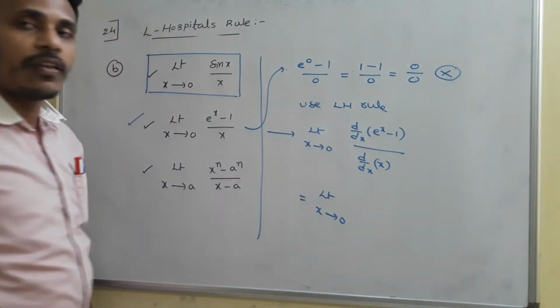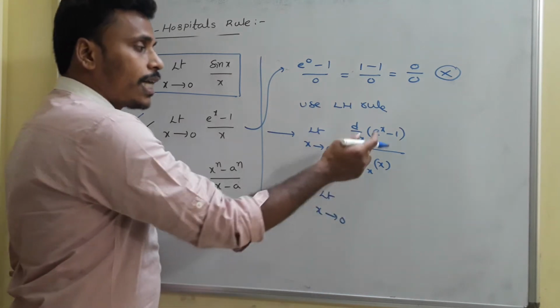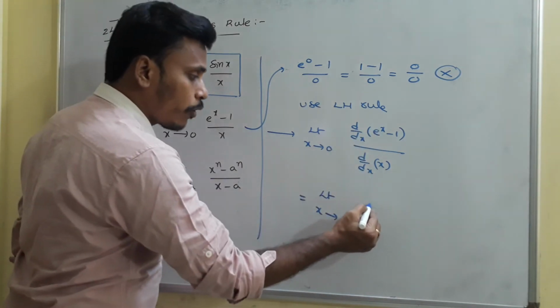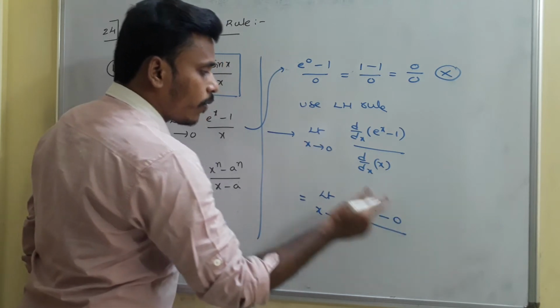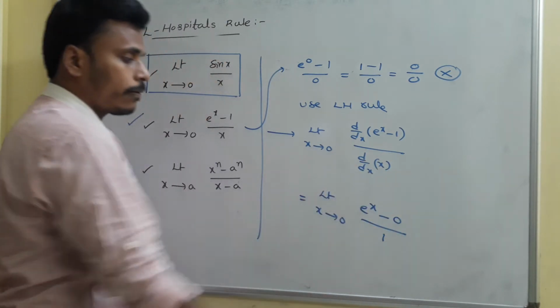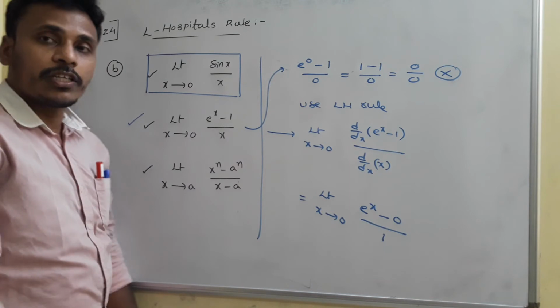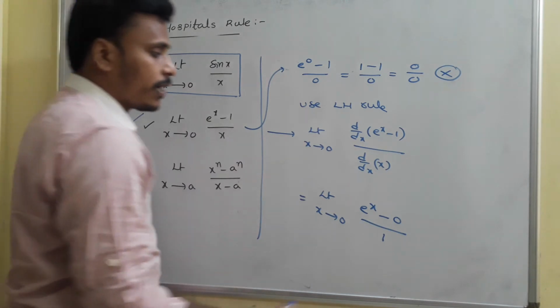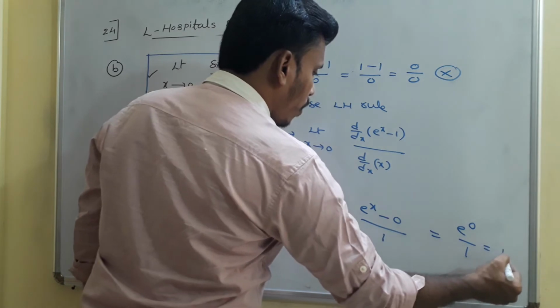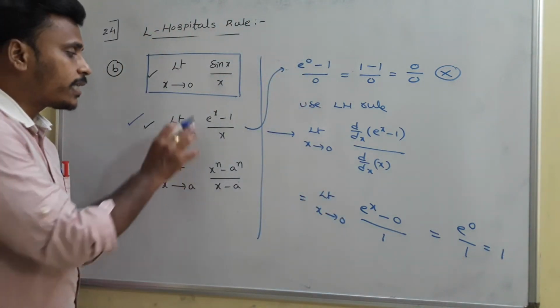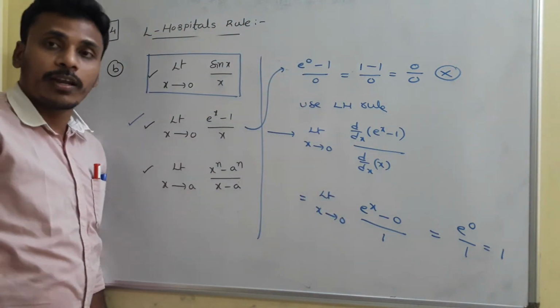As we know, the derivative of e power x is e power x itself, minus derivative of constant 1 is 0, divided by derivative of x is 1. So e power x minus 0 by 1. As limit x tends to 0, replace x with 0, e power 0 by 1, 1 by 1 is 1, and at the end the value of this particular limit is 1.